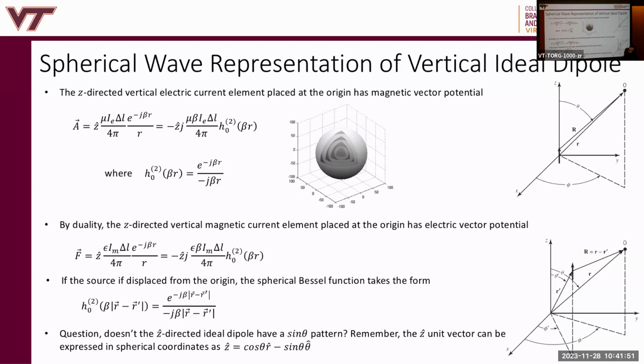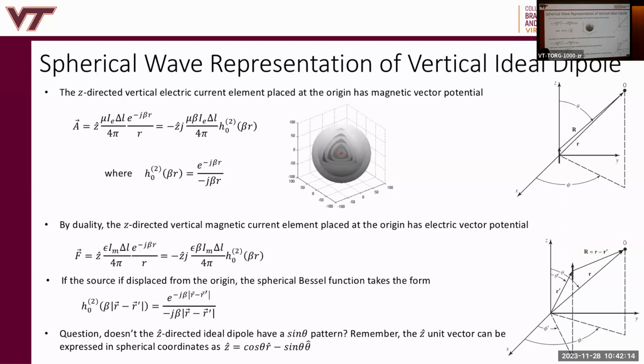All right. So we know that the z-directed ideal dipole should have a sine theta pattern, right? Why don't we see that here? We're saying that this is a function of R only with some constants and coefficients. The reason is the following. This z hat here is z-directed, but we're going to observe it in terms of theta and phi.